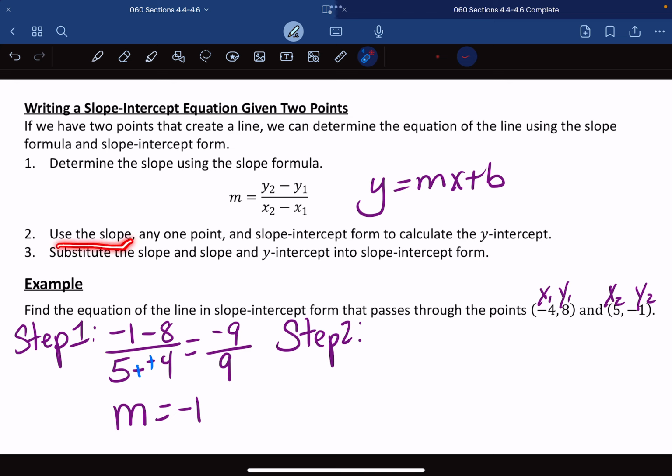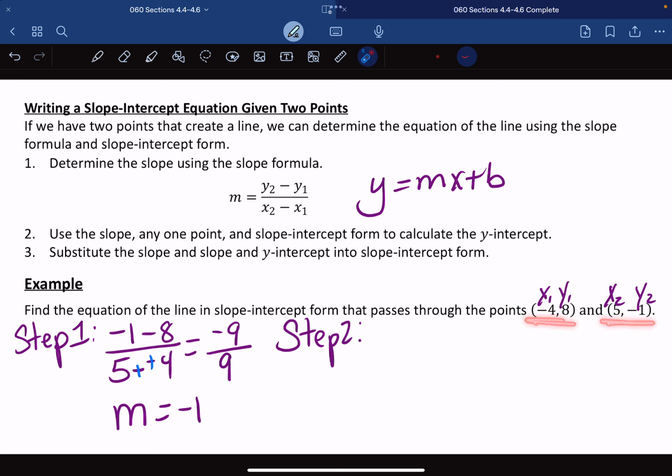Well, if I use the slope, that's my m, and if I use any point, that's my y and my x, that will just leave me with b, and that's an equation that I know how to solve. The question is, any point. Well, where do I get a point for x and y? Well, they gave me 2. So when it says any point, it's referring to any of the points they give you.